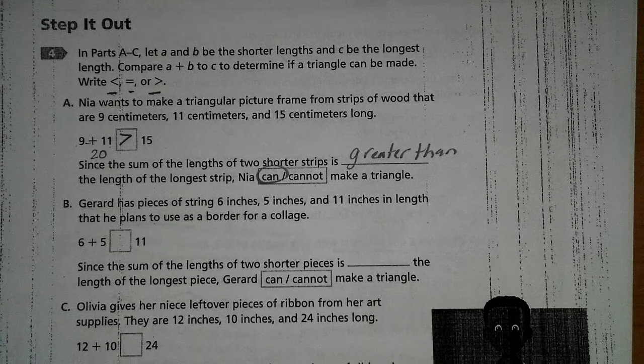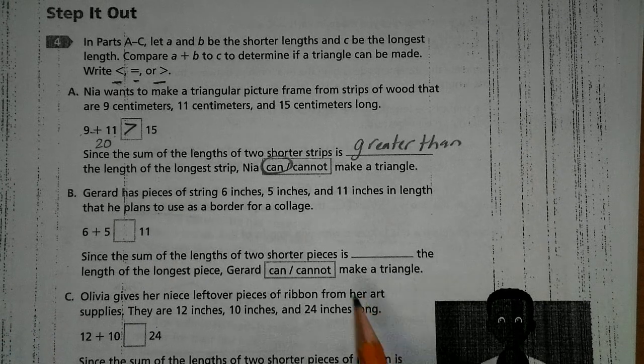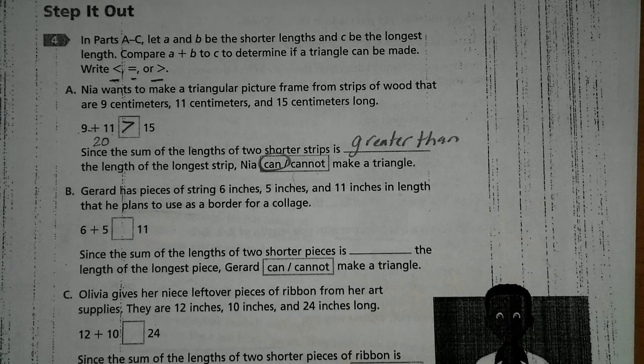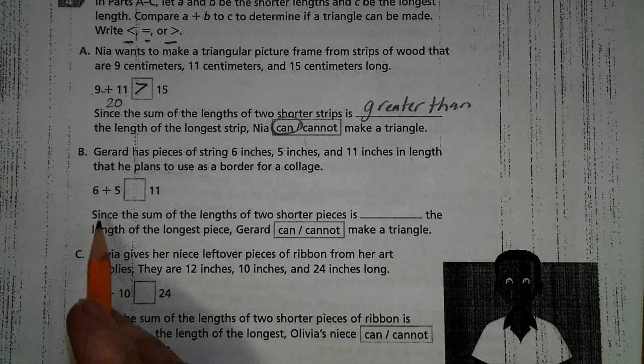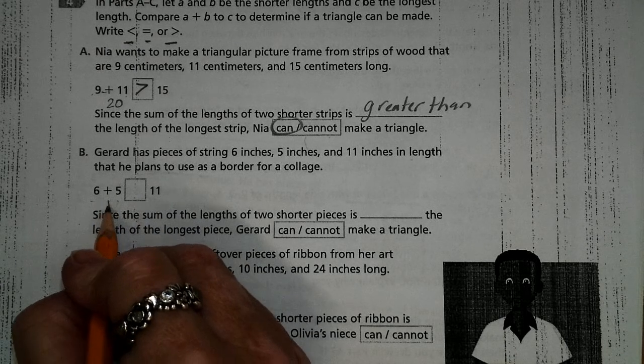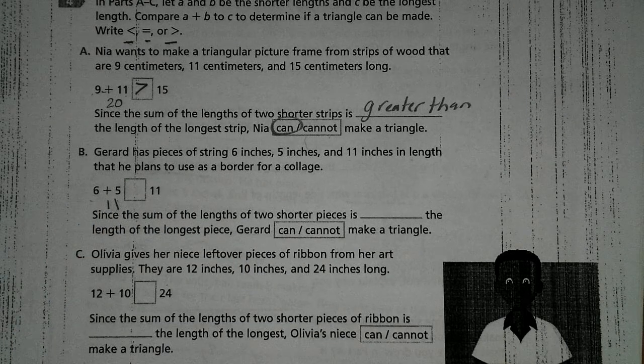Okay, so the next one says, Gerard has pieces of string that are 6, 5, and 11 in length. He plans to use them as a border to a collage. So, 6 plus 5 is 11. So what can we do? Less than, equal to, or greater than?